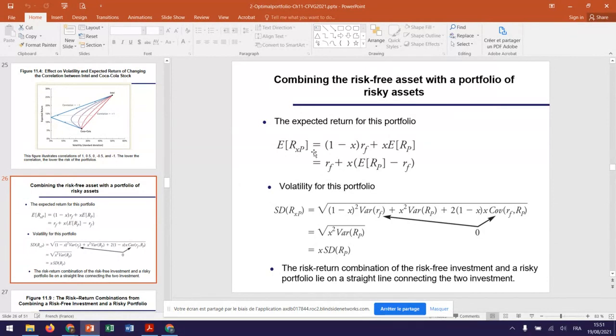Now when you combine these, look at the volatility of the portfolio.